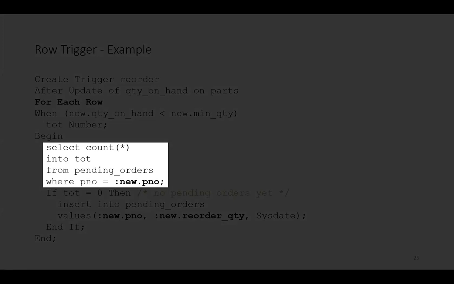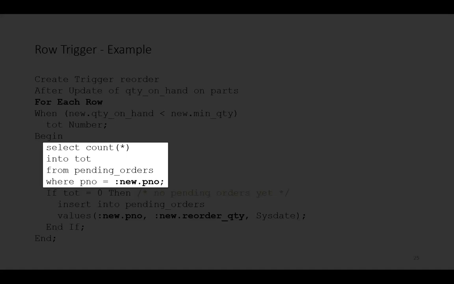The first thing we do is we count the number of rows in the pending orders table for part number :new.pno. :new is the default name for that table alias or correlation variable, and we use that to qualify the PNO column.